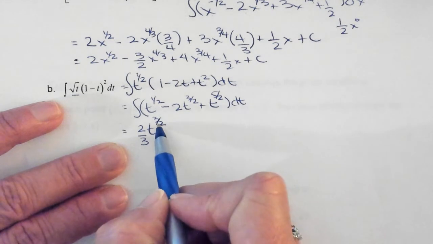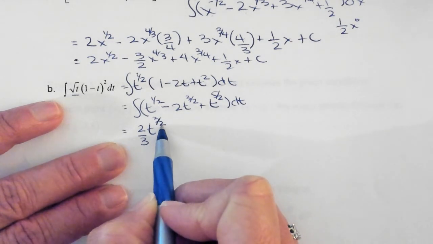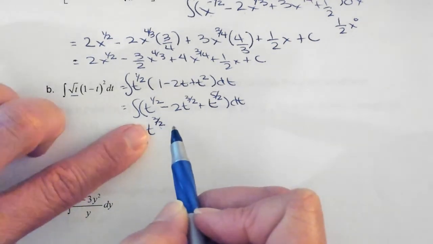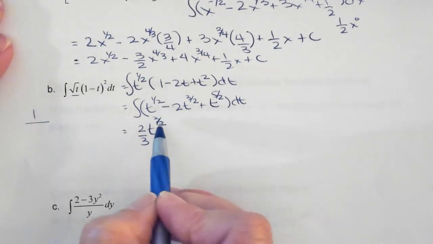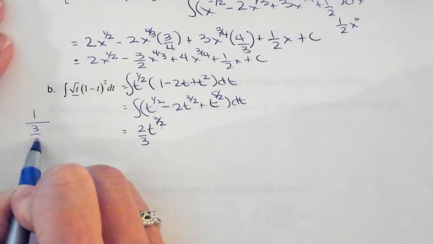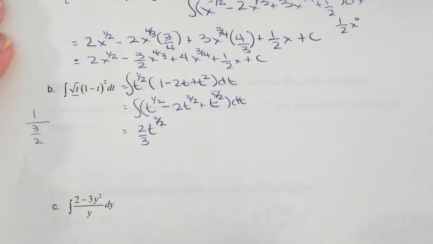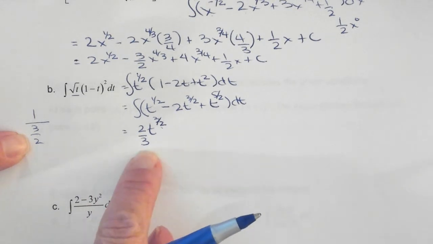Look here. You added 1 first, right? What's the coefficient right now? It's a 1. So you're taking 1 over the new exponent of 3/2. So isn't this 1 times the reciprocal, which is 2/3? Does everyone see how I got the 2/3?